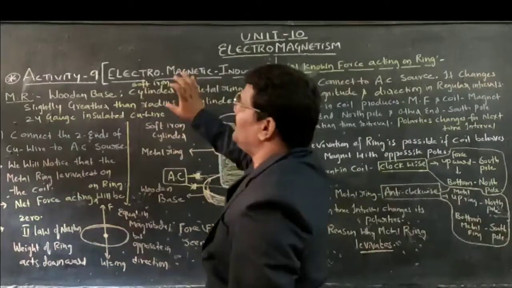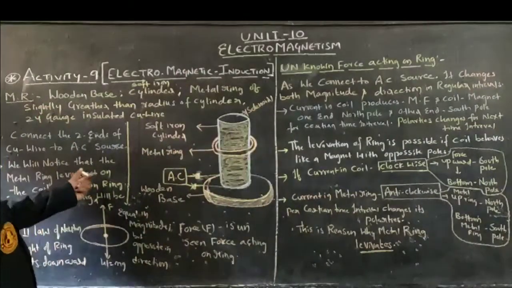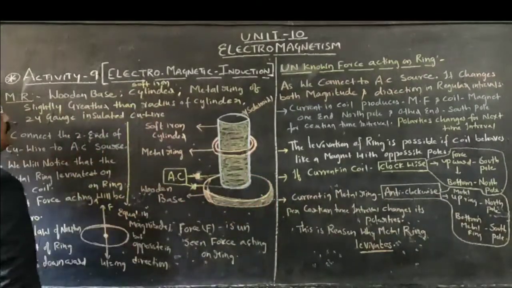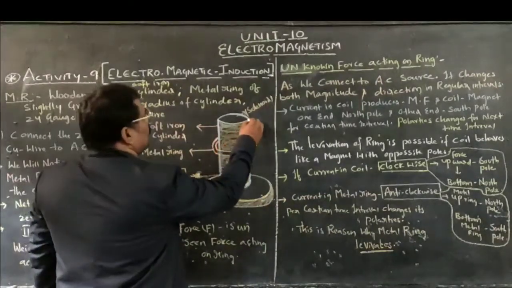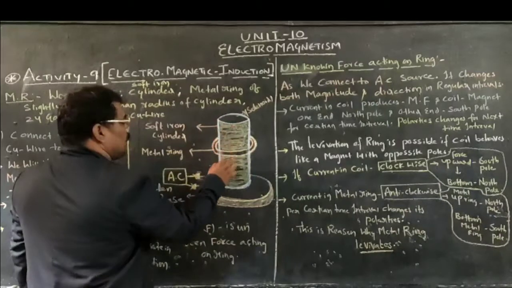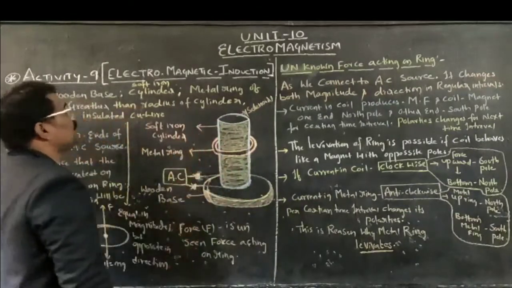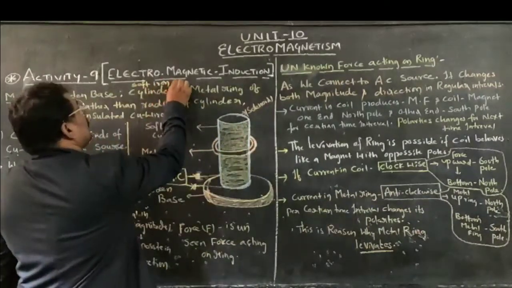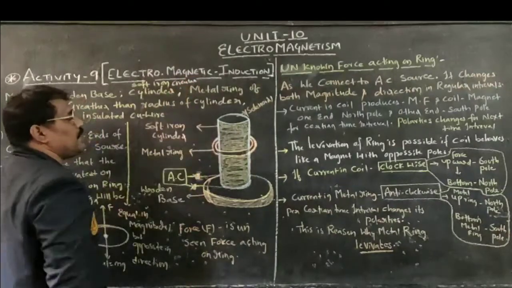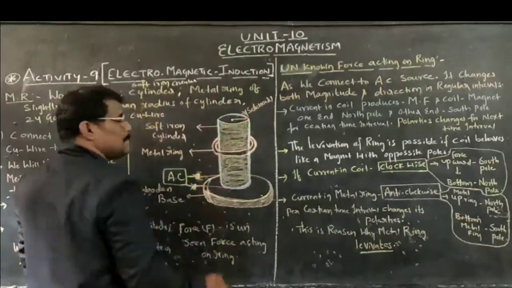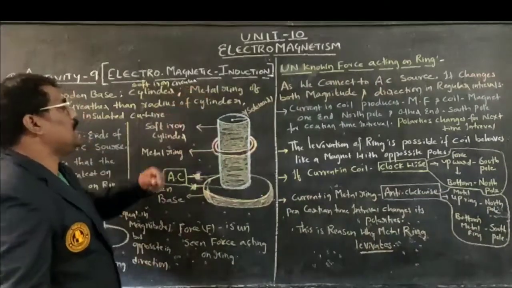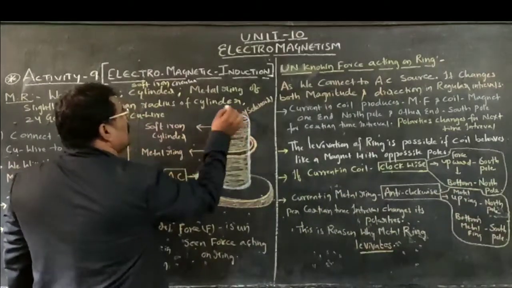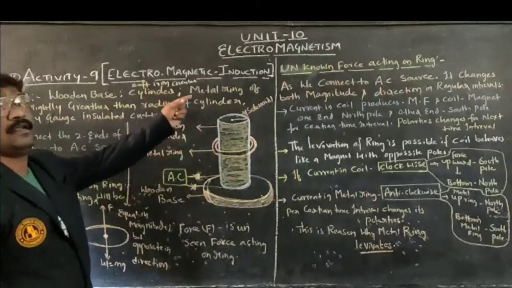To perform this activity, the materials required are a circular wooden base, a soft iron cylinder of a certain radius, and a metal ring whose radius is slightly greater than the radius of the soft iron cylinder.